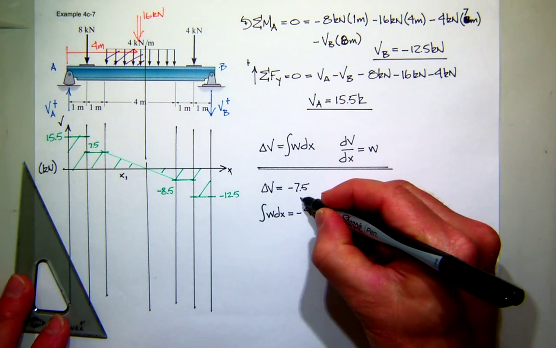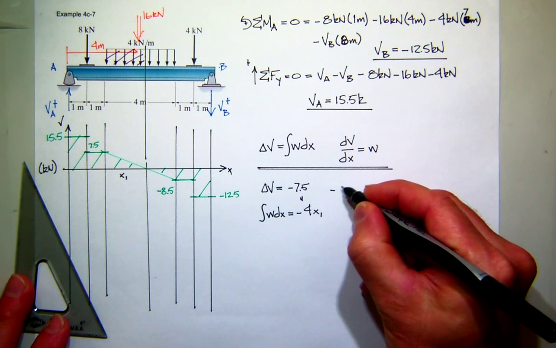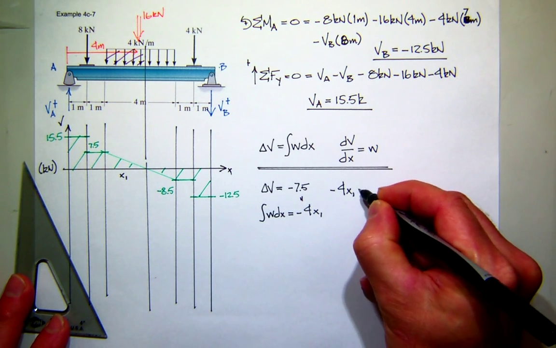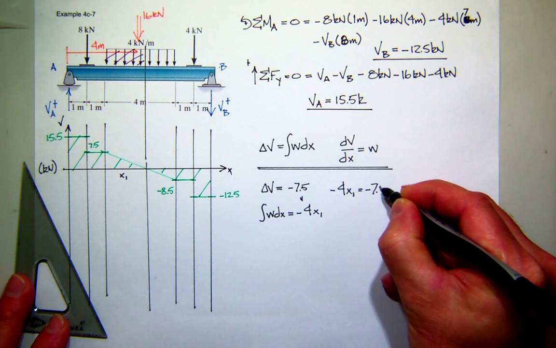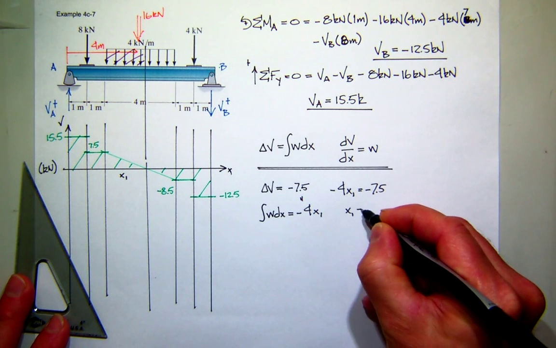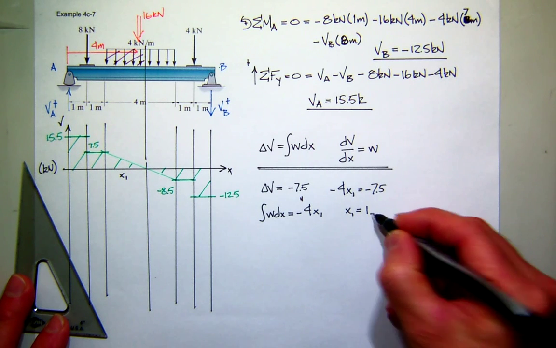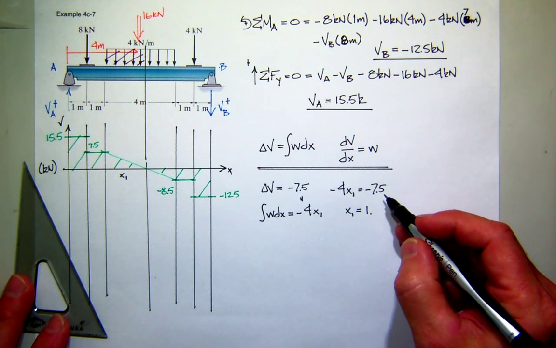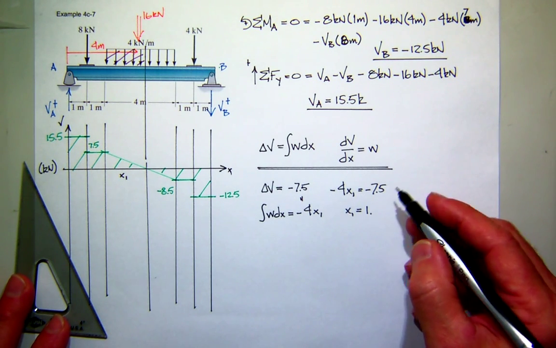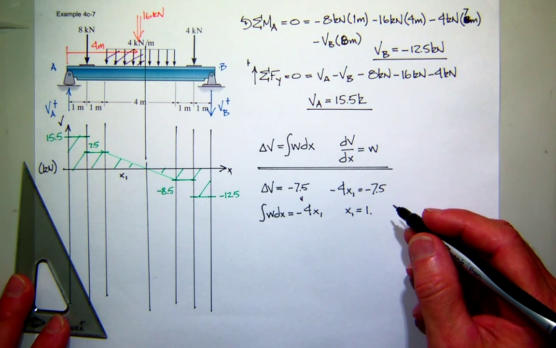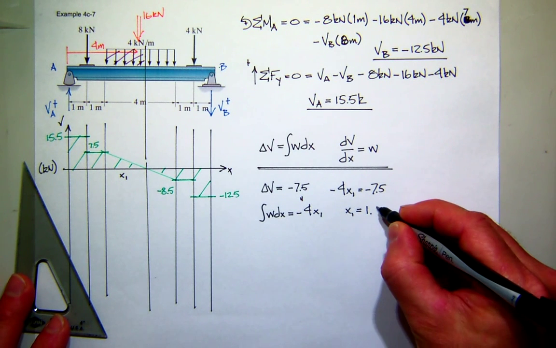Well, these two things are equal. So I get an equation that says minus 4 times x1 is equal to minus 7.5. So x1 is equal to 1 point something. What's 7.5 divided by 4? 1.9. 1.9?